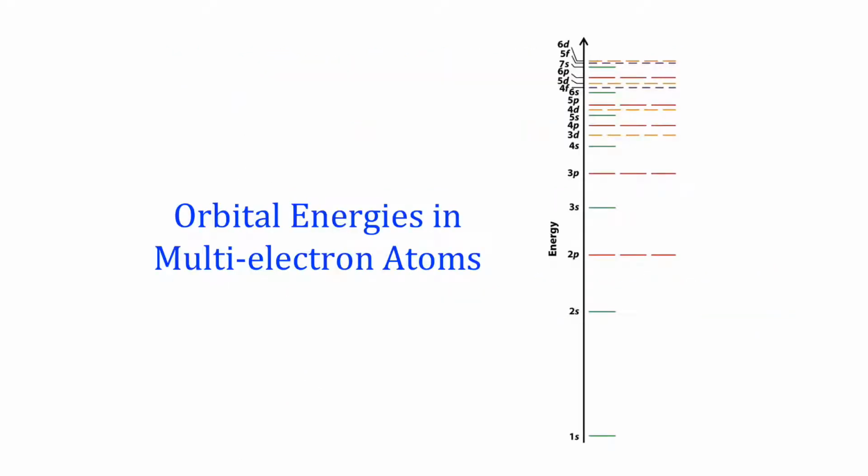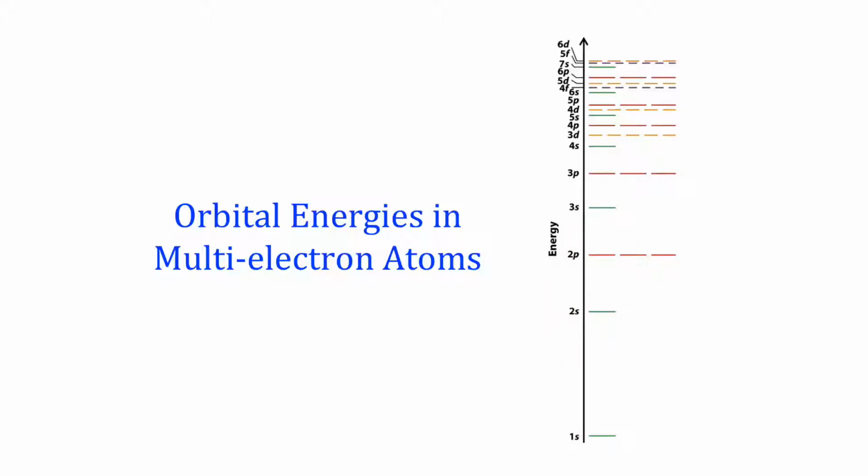If we look at atoms with more than one electron, you can see things get real fun. Once we have more than one electron in there, we have essentially electron-electron repulsion to take into account, and that changes the relative energies of these subshells.